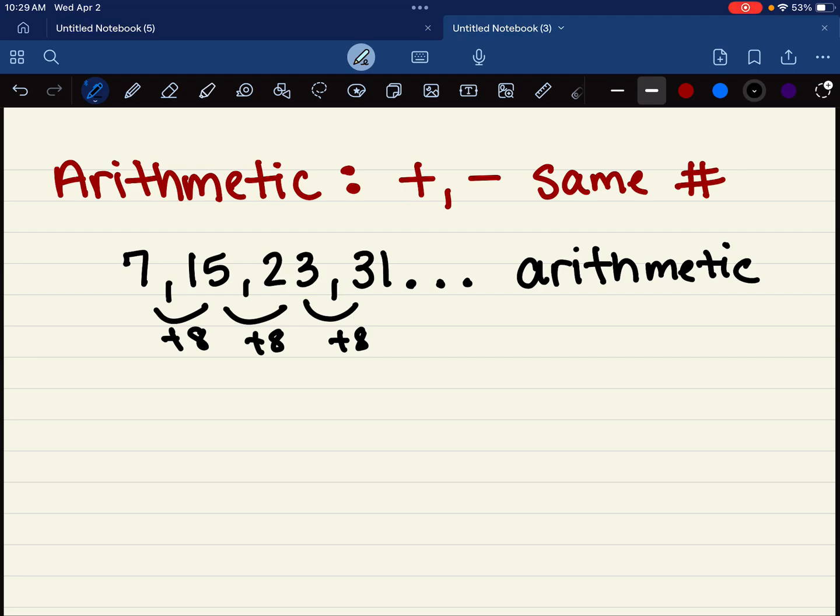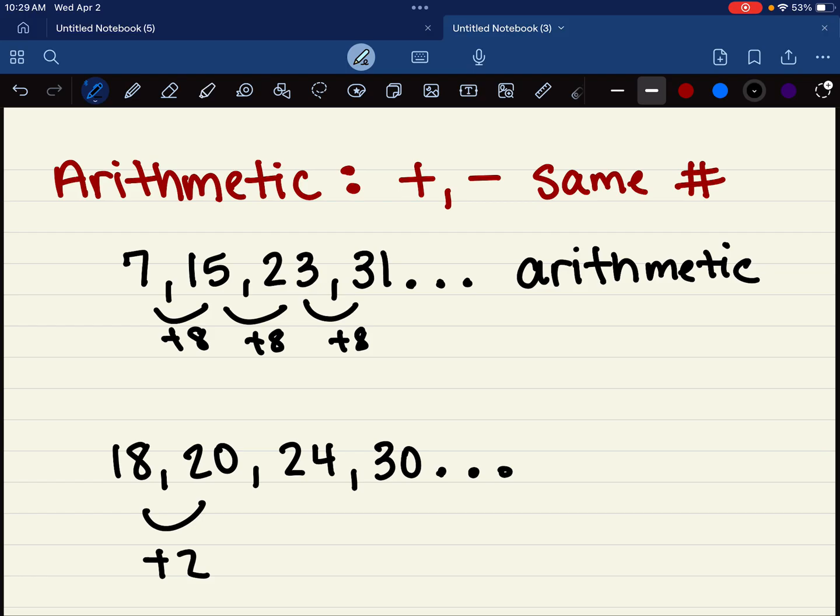Okay, one more example. What if I have 18, 20, 24, and 30? How would I get from 18 to 20? Plus 2. What about 20 to 24? Plus 4. And 24 to 30? So, would this be an arithmetic sequence? No, right?